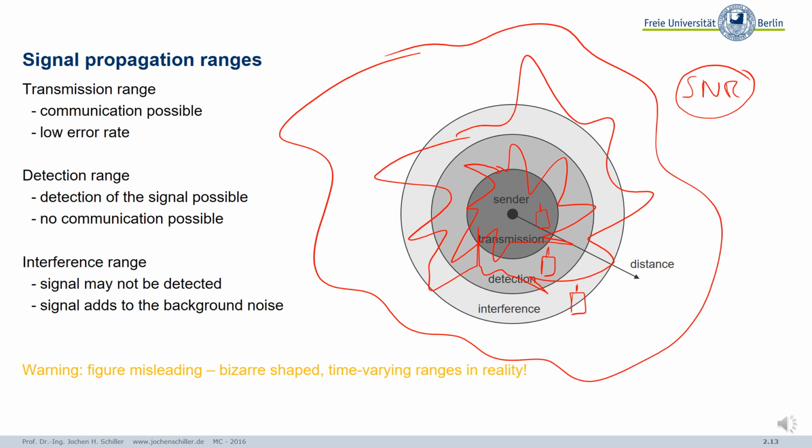So signal propagation might be simple in vacuum, in theory, but in real life it's way more complicated. So it's not a simple formula you can use. There are formulas, yes, but they all assume certain characteristics of the environment, like open space, like rainforest, like an urban environment. But as soon as something changes, the weather conditions or road traffic or whatever, this picture changes pretty much.